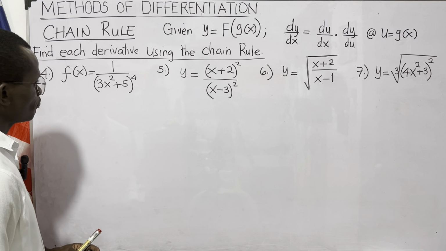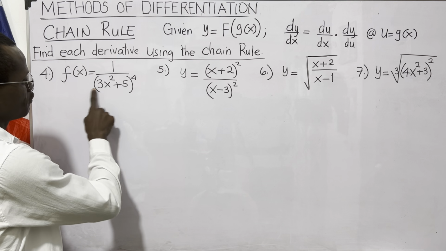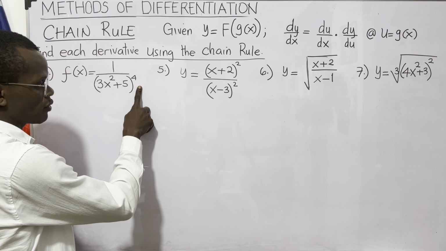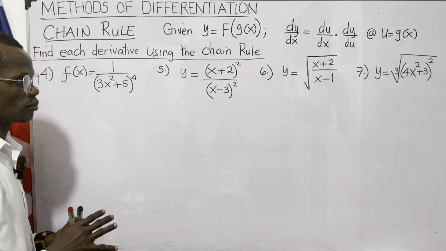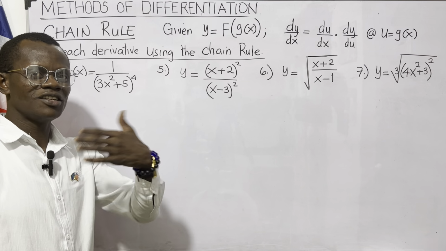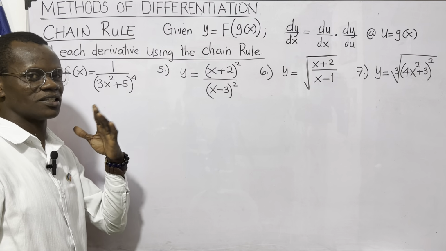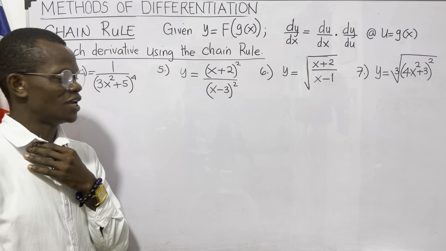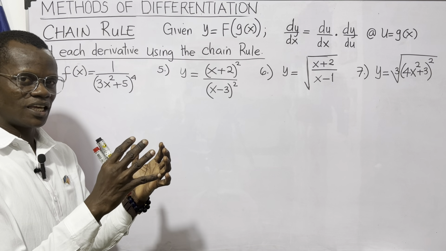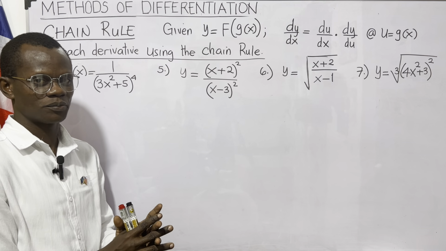Okay. So the first problem says f of x is equal to 1 over 3x squared plus 5, raised to the fourth power. So now you are the one that will solve the problem. It's not me. You can decide how you reword it and determine the most difficult portion of the problem.